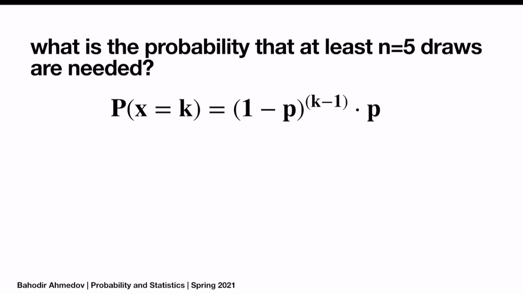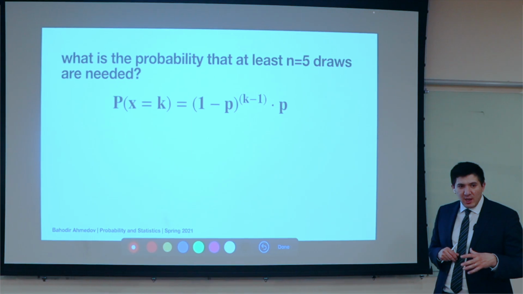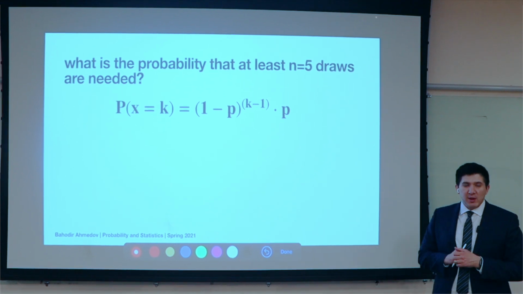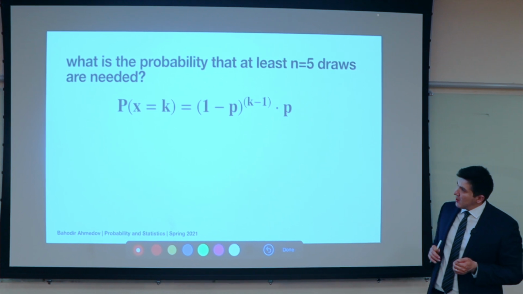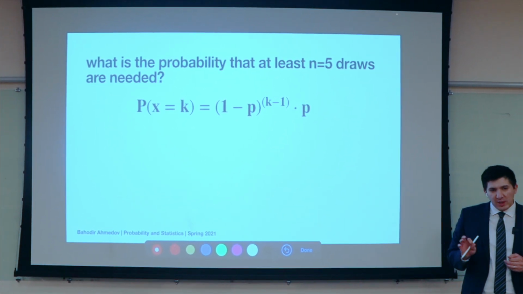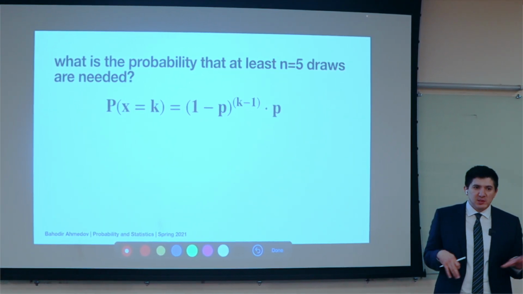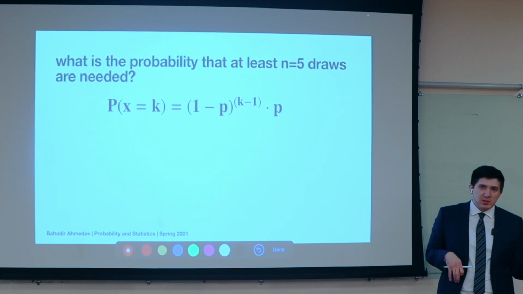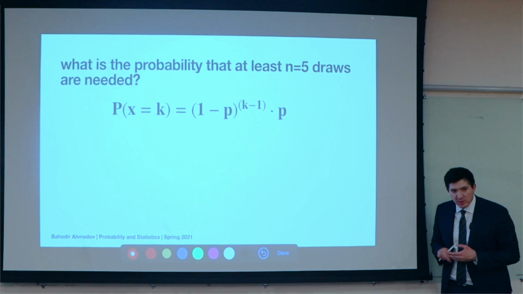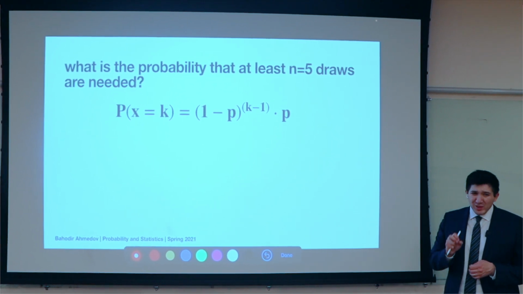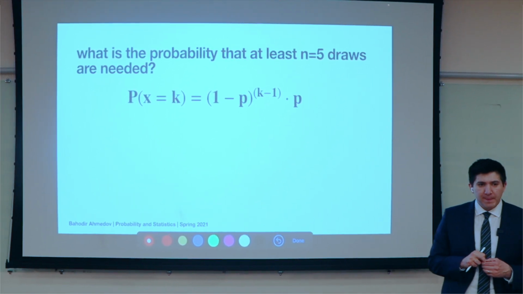For example, when you need to get the first success and you need at least 5 trials or at most 5 trials. So in this example, you've got 3 blue balls and 6 red balls in a box, and you're going to do this experiment until you get the blue ball for the first time. What is the probability that you will need at least 5 trials?